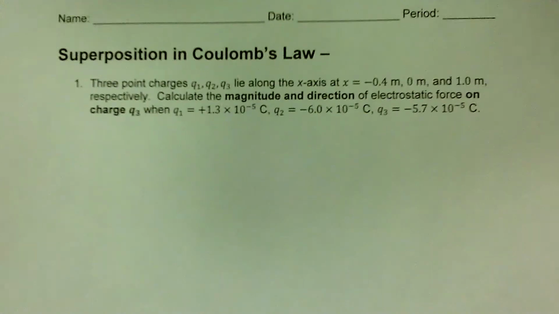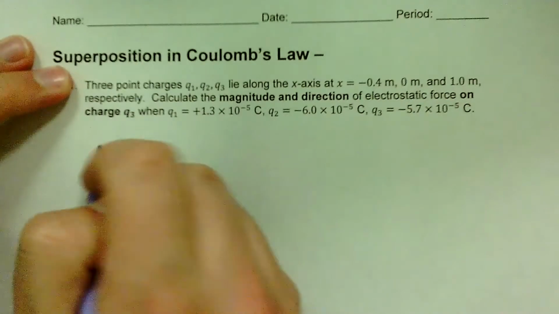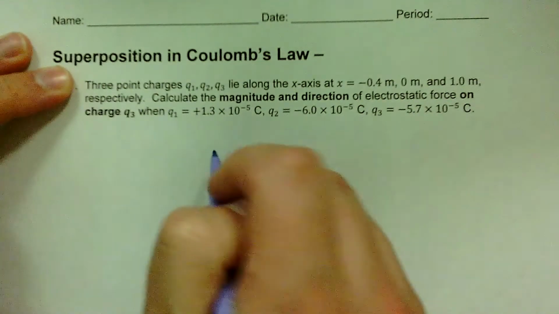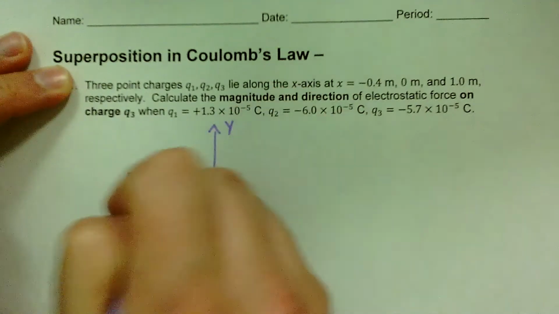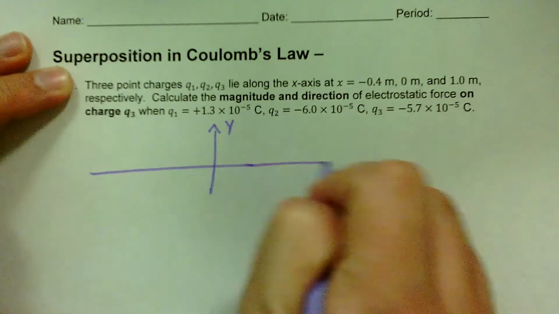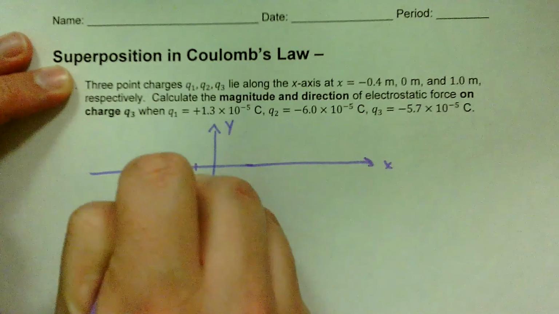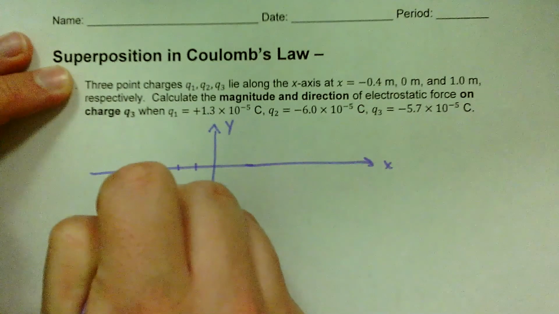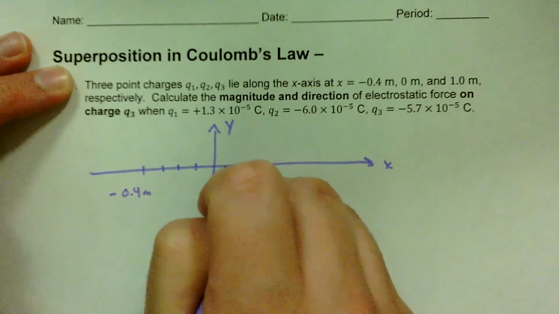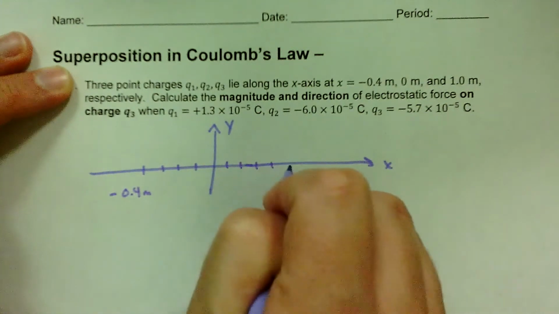Let's draw this out. I'm going to have 3 point charges on the x-axis. I'm going to have one at negative 0.4, one at 0 and one at 1.